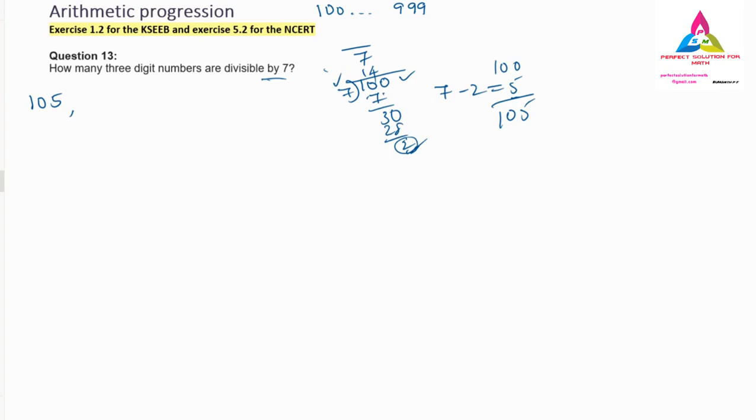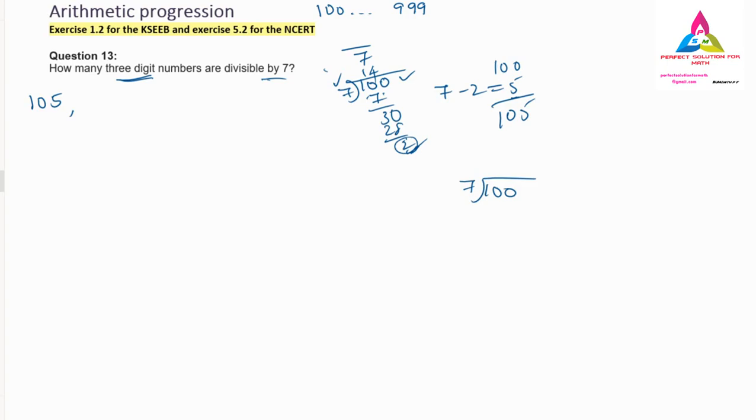If they had given a 4-digit number, we would take 1000 divided by 7 first. Here they have given only a 3-digit number, so we take the first 3-digit number, which is 100. So 100 divided by 7 you do.